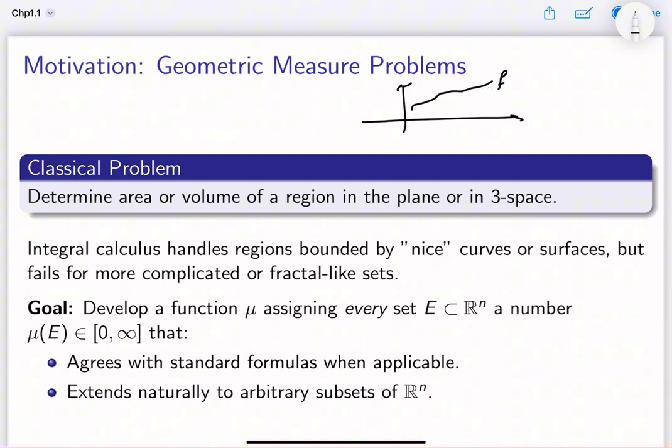operator here. So the hope is to introduce some function mu that takes sets. You can think of Rn for now. We're gonna generalize soon. The hope is to introduce some function mu that assigns a value that is non-negative, that can possibly be infinite, right?